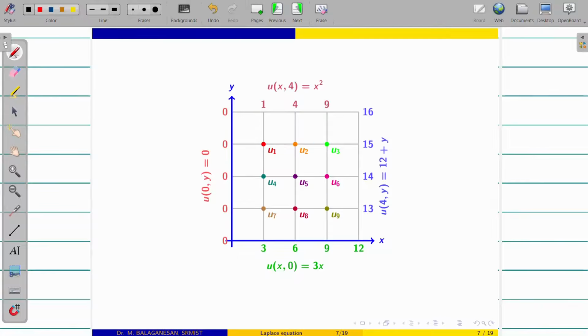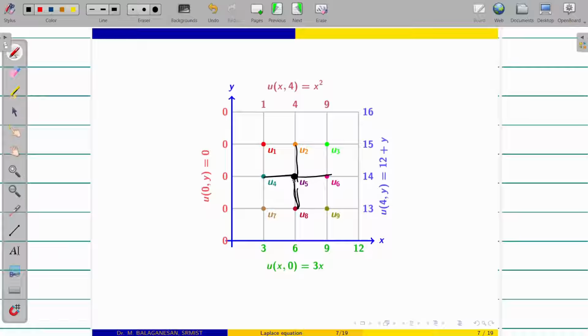If you want to find U5, what formula can we use? Standard 5 point or diagonal 5 point. If you use the standard 5 point, it is the average of these 4 values. We don't know U2, U4, U6 and U8 now.